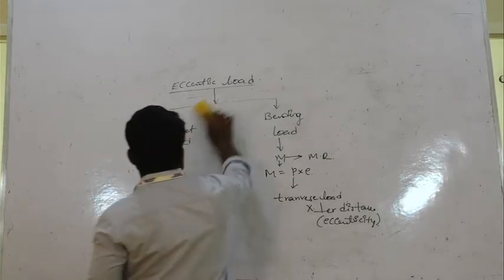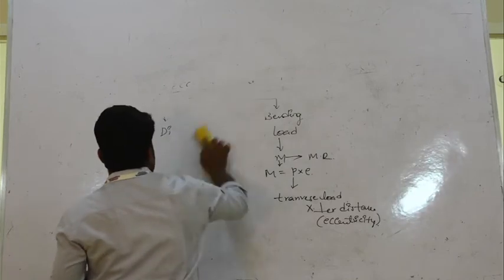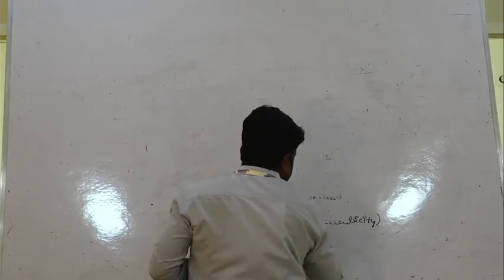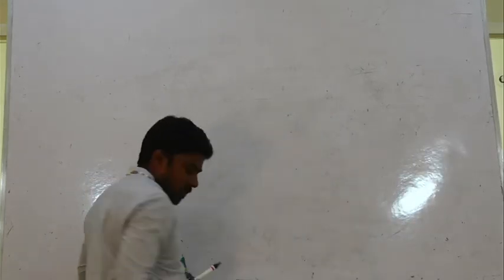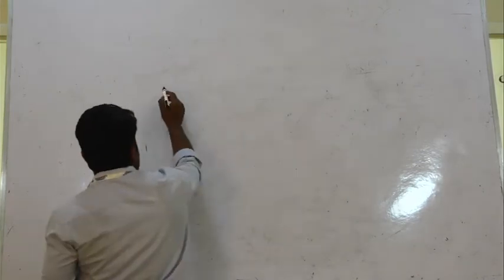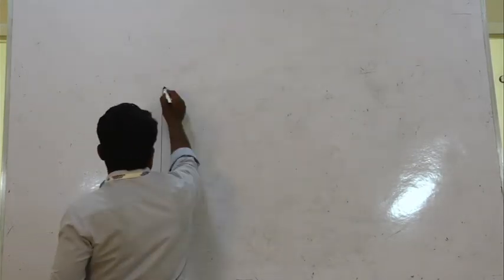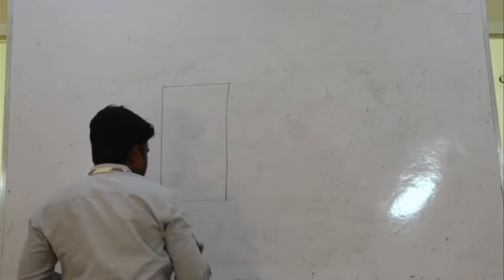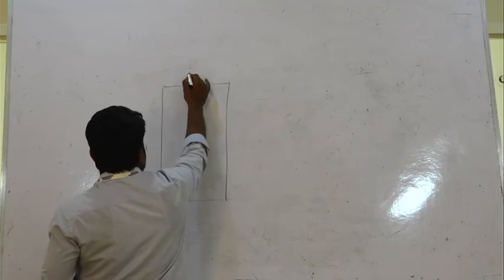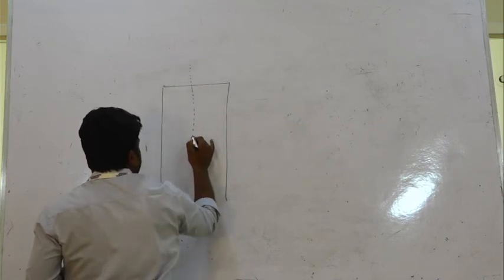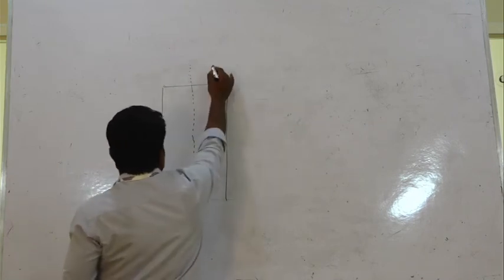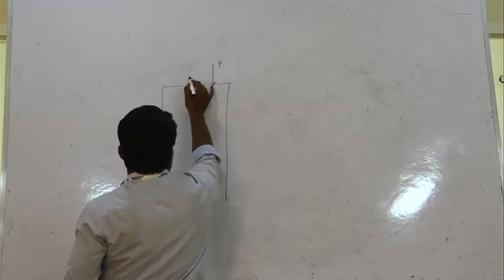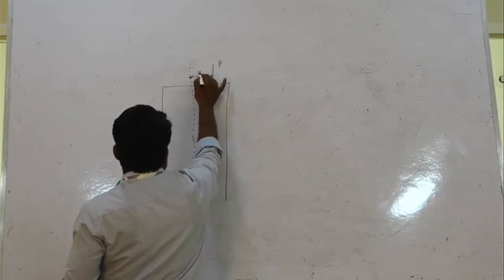You can see this in a diagrammatic form. Take a column. This is the axis of the member. Here it is P, and the eccentricity distance is e.